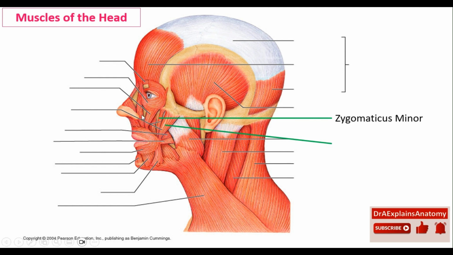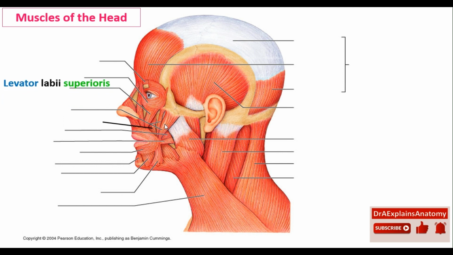Moving to the zygomaticus minor right here, and this is the zygomaticus major. Both are the zygomaticus minor and major. Next, we have the levator labii superioris.